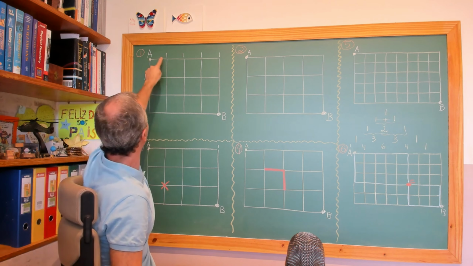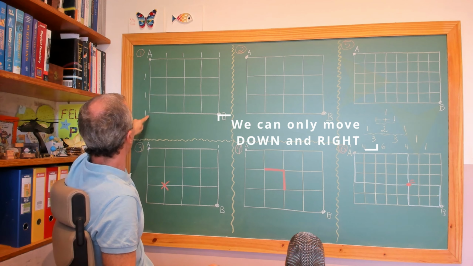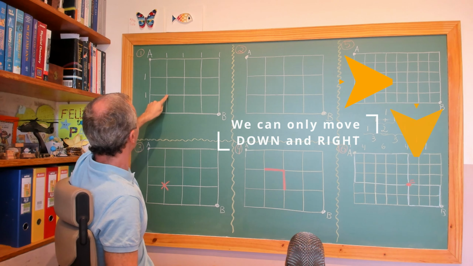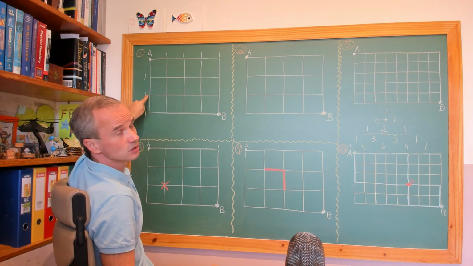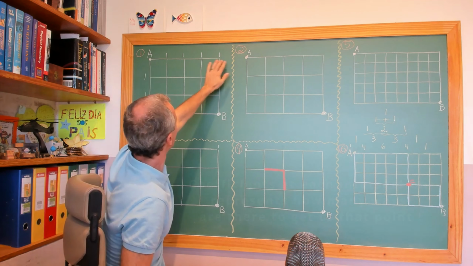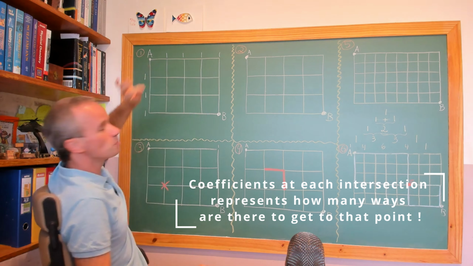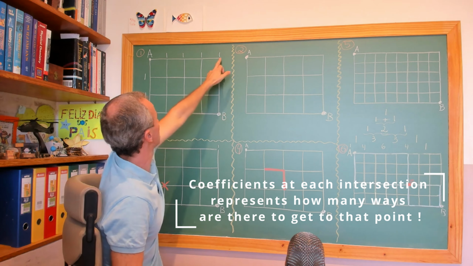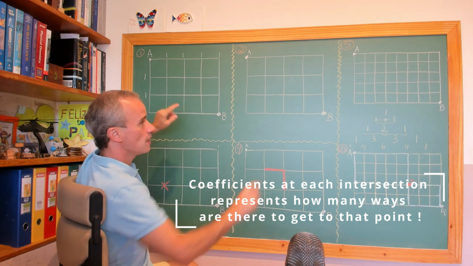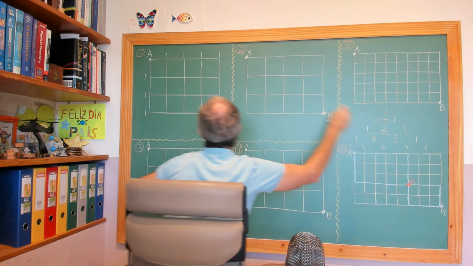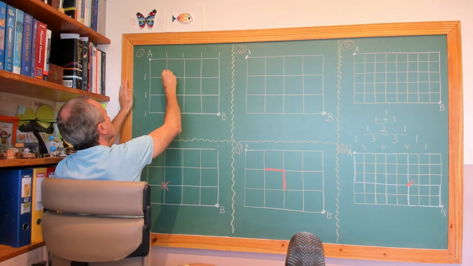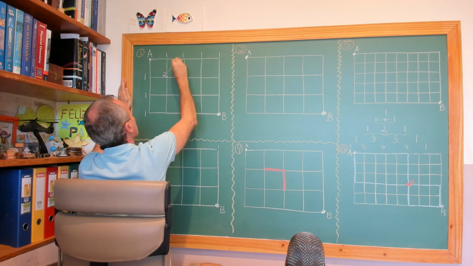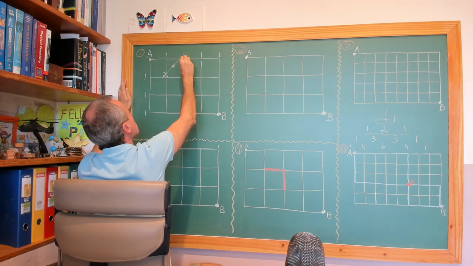I say no, but I can't go like this, because this is forbidden. We can never return. So only one. This number, this coefficient, is going to be the number of paths possible to get to that point. You see? Okay. Now remember, 1 plus 1 is 2. 2 and 1. I'm going to add those 2.